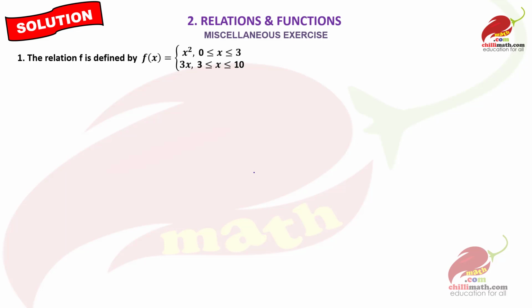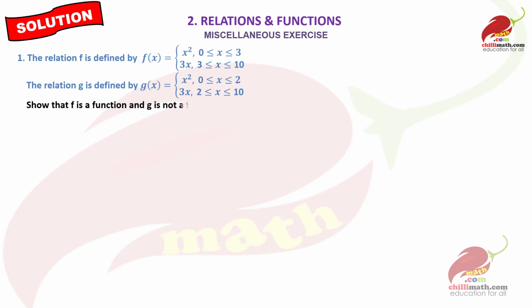First question is, relation f is defined by f(x) equal to x square from 0 to 3 and 3x from 3 to 10. And relation g is defined by x square from 0 to 2 and 3x from 2 to 10. We have to show that f is a function and g is not a function.